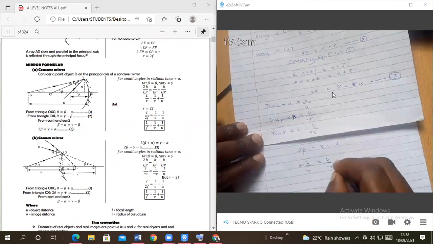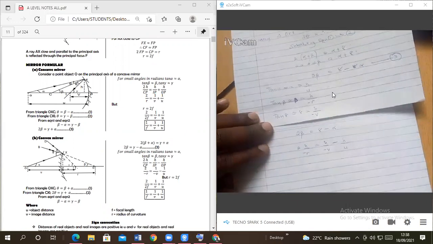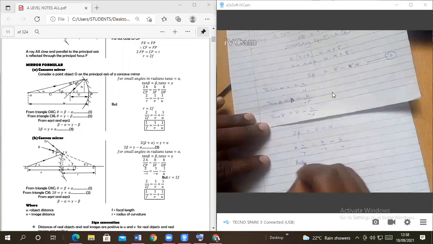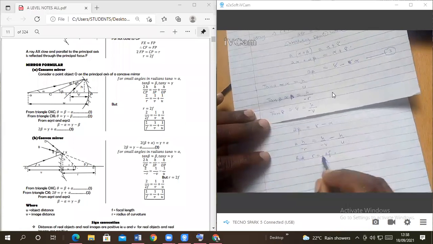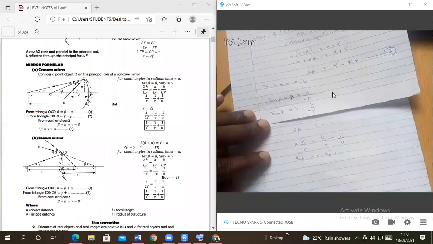And where there is alpha, I'm putting minus h over u. What you should remember is r is equal to twice f. Of course, this h can go. We can divide all through by h, and this h can disappear like that.